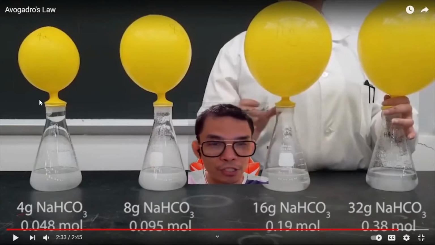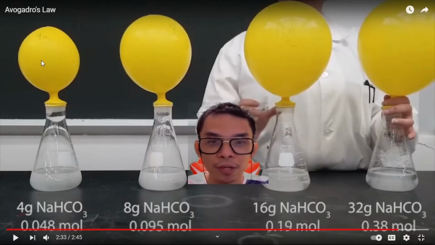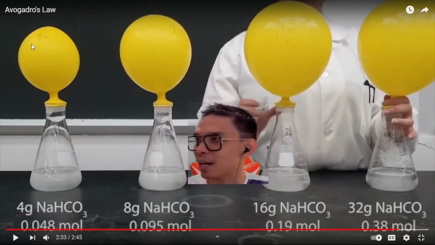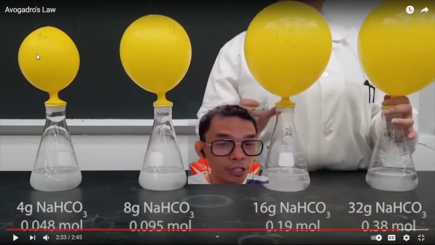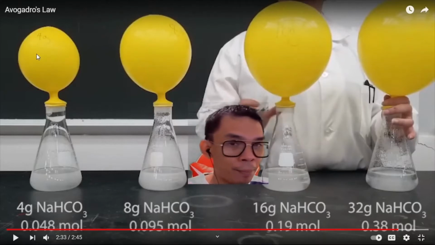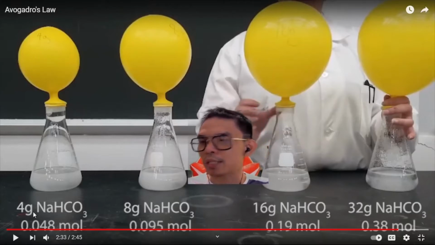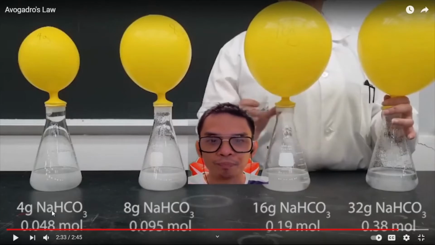So there's no doubt that what is inside this balloon is carbon dioxide. You don't need to ask what kind of gas is present here. All you need to do is look at the equation and find the gas that is produced as a byproduct.